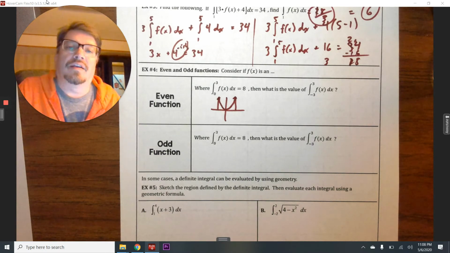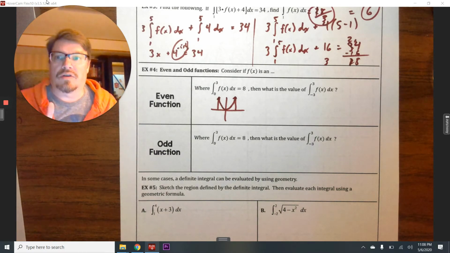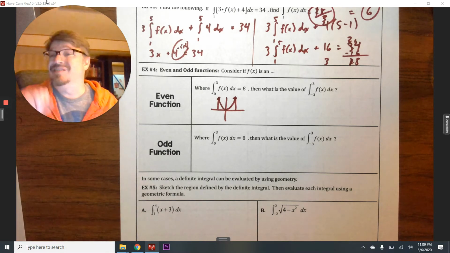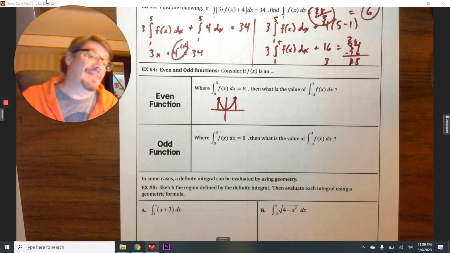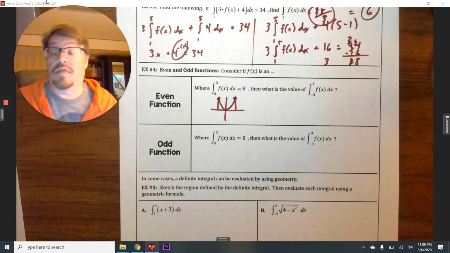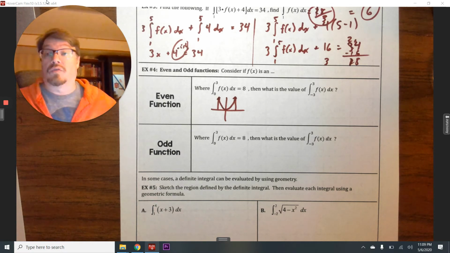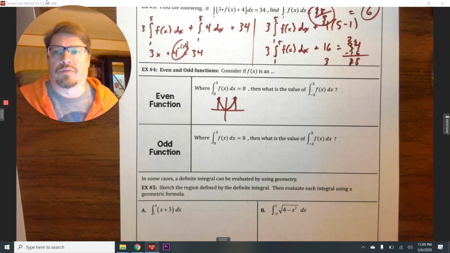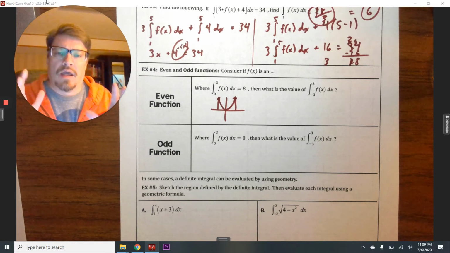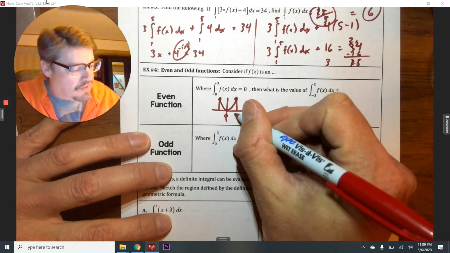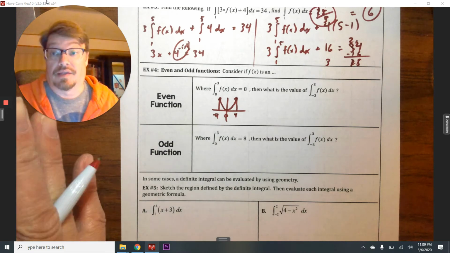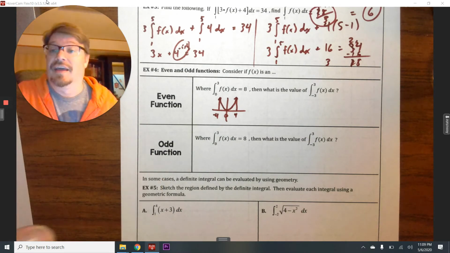If I know that I have an even function and it's symmetric to the y-axis, I just do this piece and I double it. Then I don't have to do this long integration that can be very complicated, as you will see in a few lessons down the road. It is so much better than going from -4 to 4.